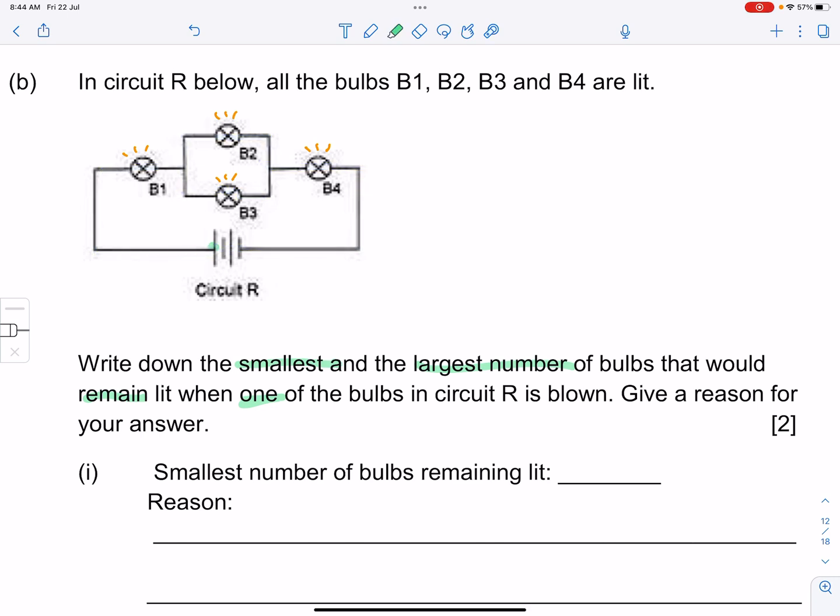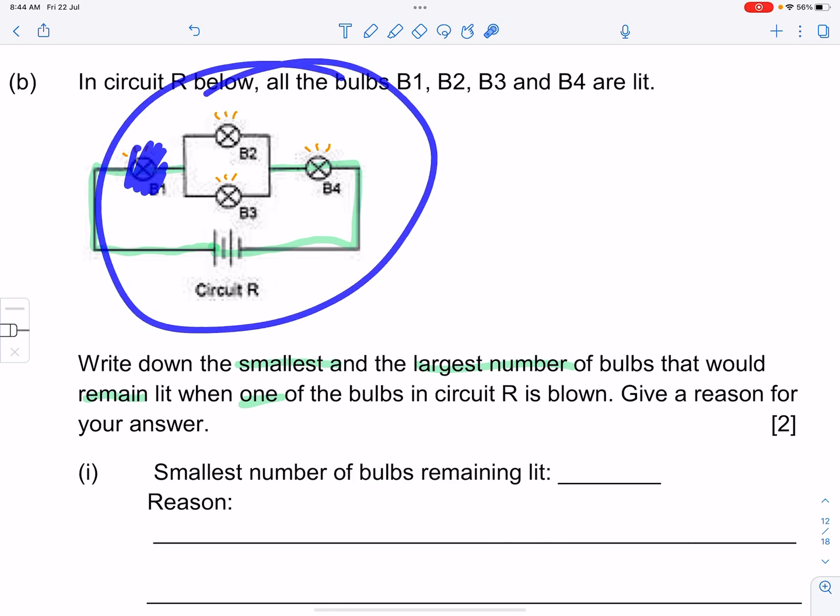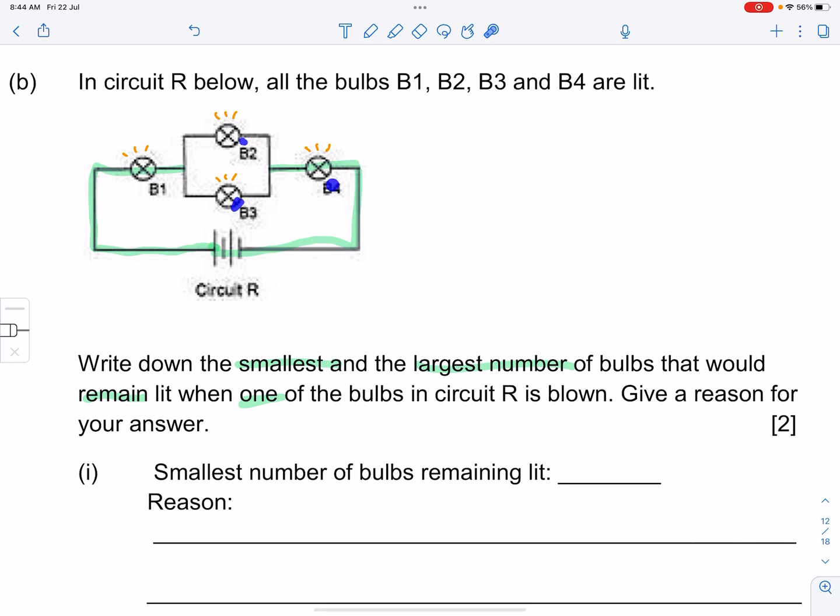So I'm going to highlight for you. The part that is a single route will be in green. You will notice that there is no other way. When the circuit goes towards this parallel part here, it has to pass through bulb 1. So if bulb 1 is blown, that's it. The whole entire circuit is gone. None of these bulbs will receive any electricity because there is a gap.